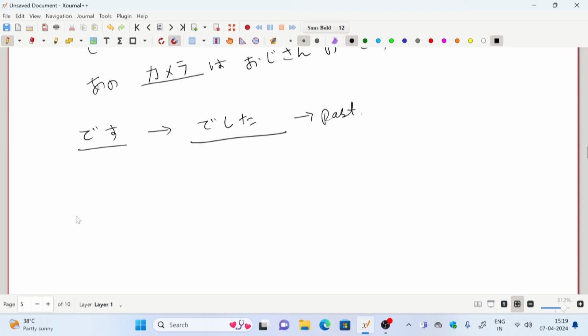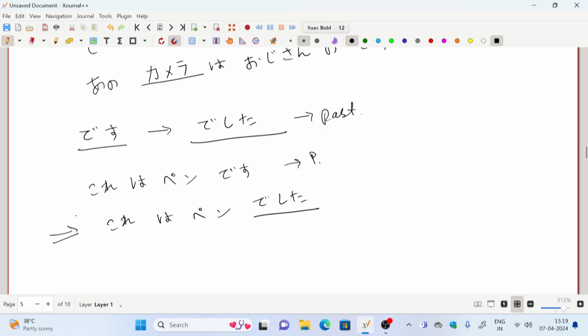It will become kore wa pen deshita. So it is present and it is past. In Japanese, present and future tense are the same; we have a different structure only for the past.